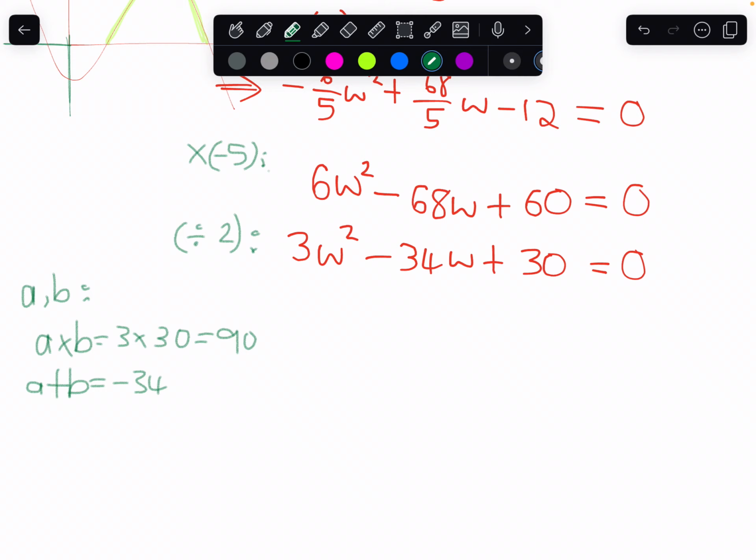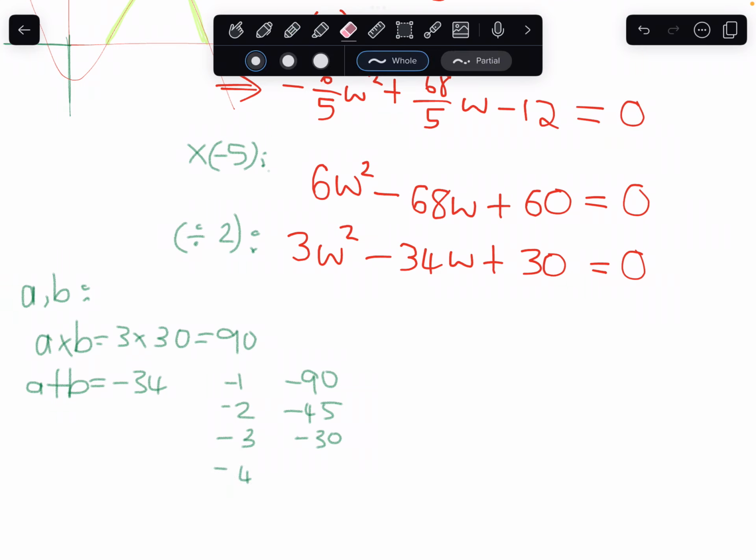We could have minus 1, minus 90; minus 2, minus 45; minus 3, minus 30. That's quite close, it would give me minus 33. Minus 4, no, 4 does not go in there. Minus 5, minus 18 would give me minus 23.